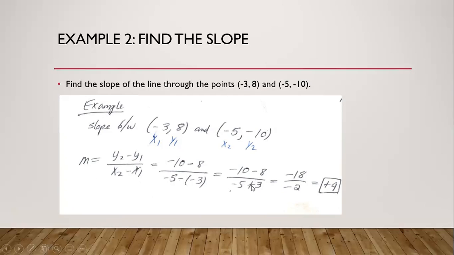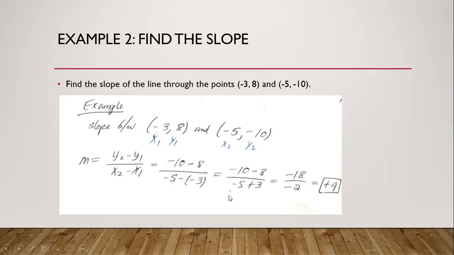We don't have to change anything else. We only change it when we have a minus minus next to each other. That's the only time we change it. That's a step we do in between so that we don't get confused about that minus negative business.